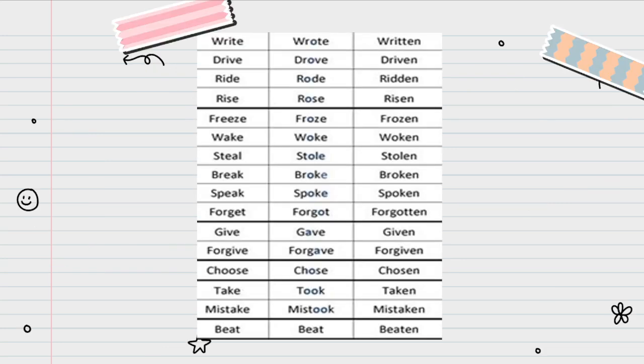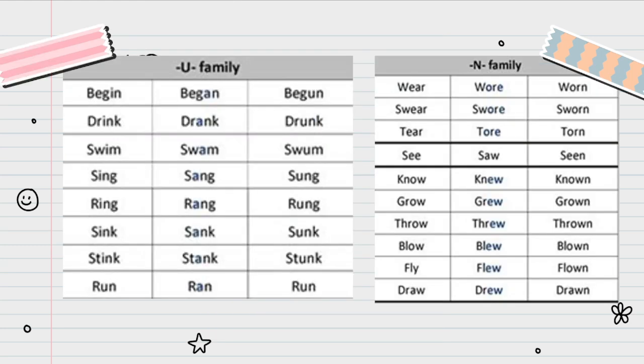Okay. So we've got here a few more words in their past participles. Here we have a few rules, but there are still exceptions to the rules. So you just have to look at it and spend some time to memorize some of it.